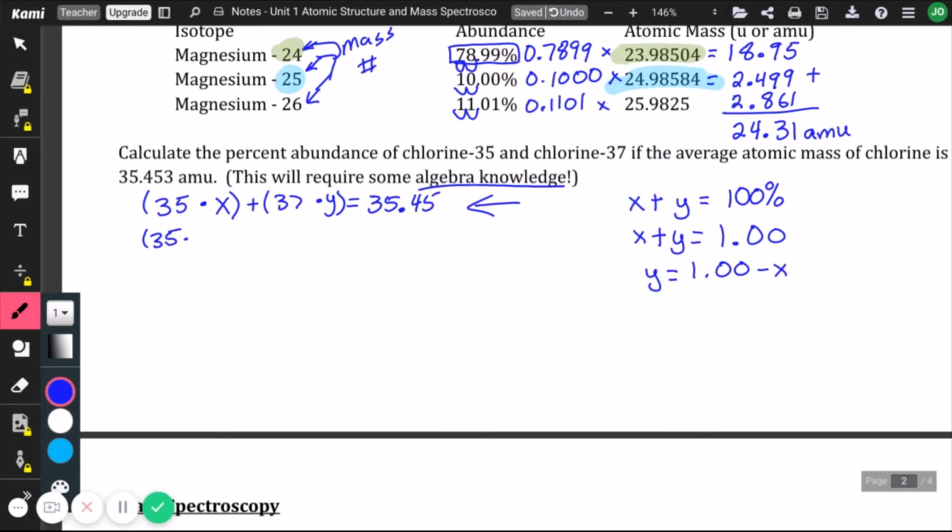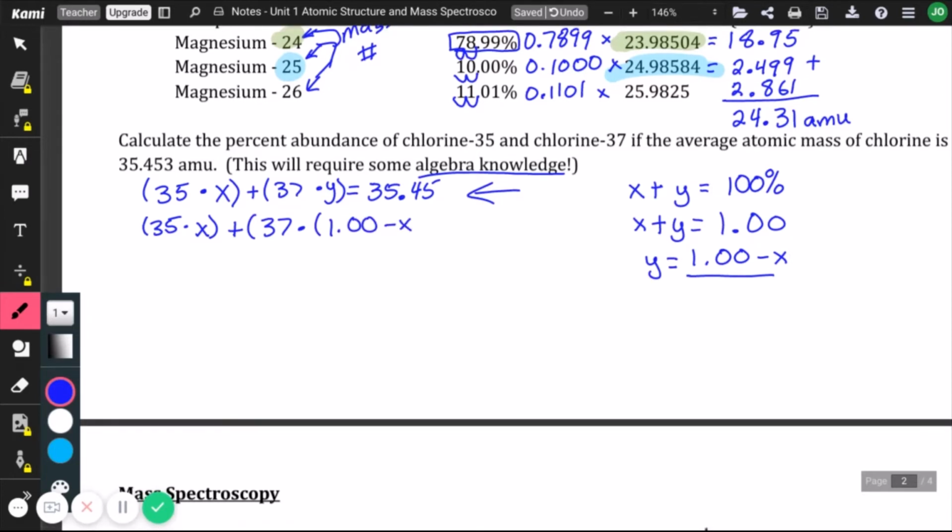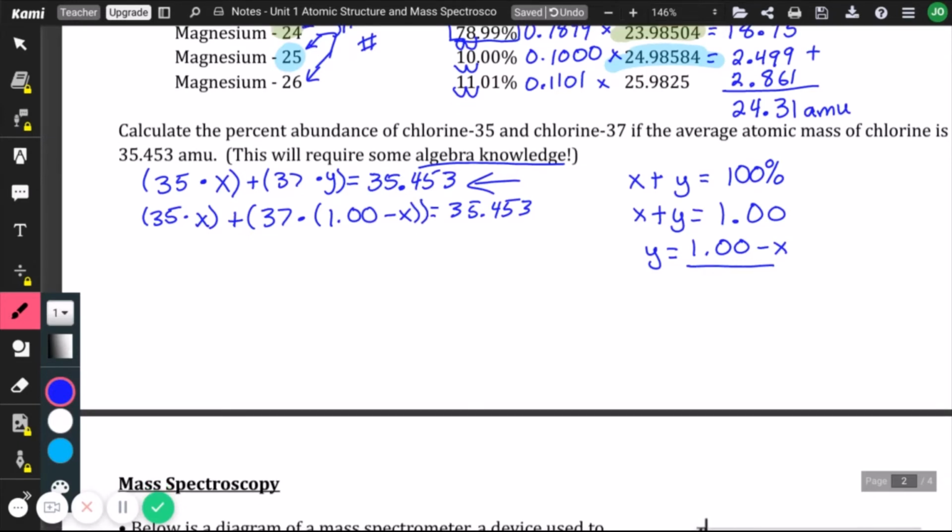35 times x plus 37 times, now I'm replacing my y with what y equals over here. So y equals 1.00 minus x. And then that's going to equal our 35.453. Okay. Now, I need to go back in and start solving this.